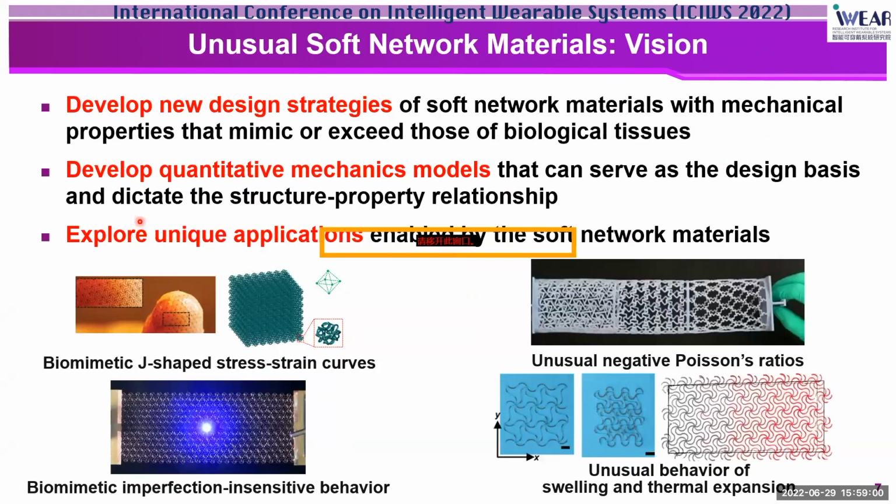On one hand, we have developed design strategies to achieve a range of biomimetic properties and unusual properties. The examples of those mechanical properties include the biomimetic J-shaped stress strain curves and the imperfection-insensitive properties, as well as the unusual modes of swelling, thermal expansion, and Poisson's ratios.